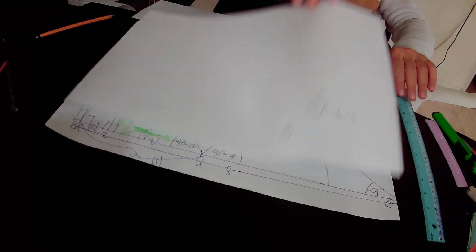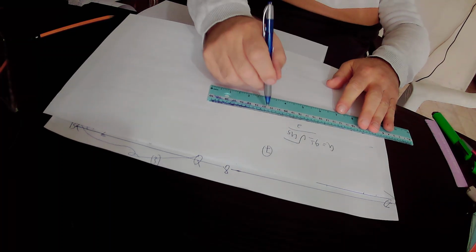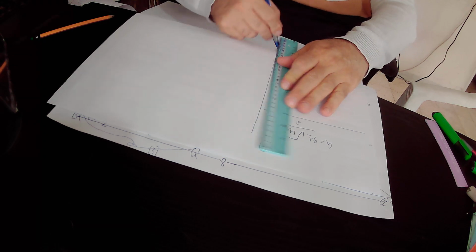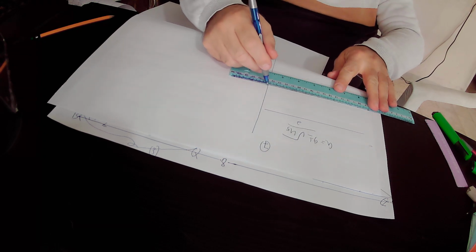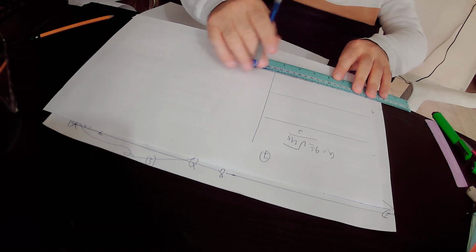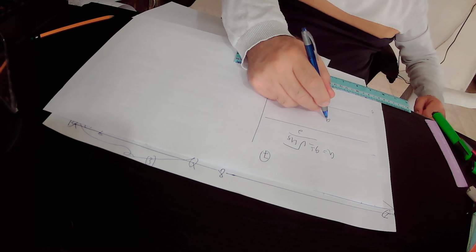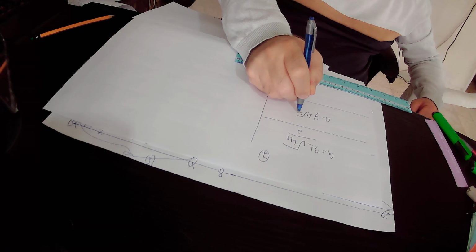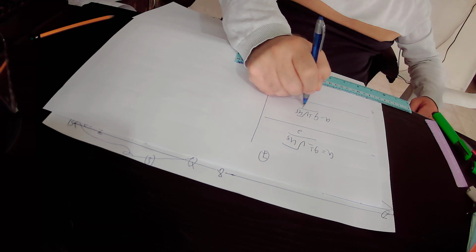So here we have two possible solutions for a. The first solution for a is that a equals 9 plus square root of 45 over 2.